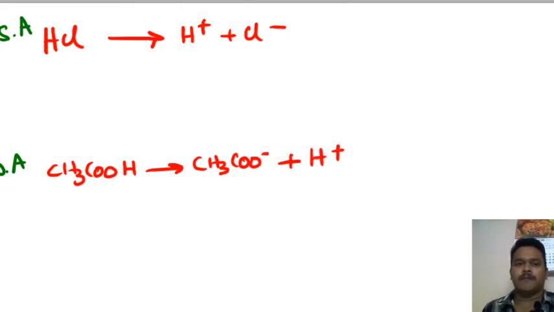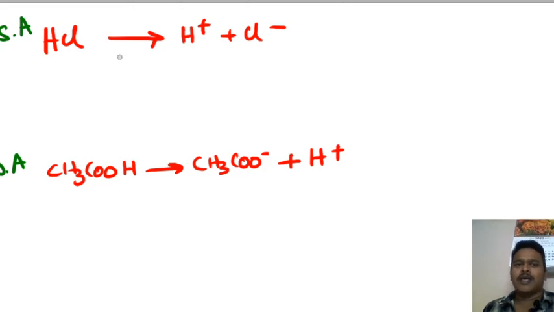Why am I saying HCl is a strong acid? Because it gives H plus ions very fast, and a larger number of H plus ions come out. That is why it is a strong acid.